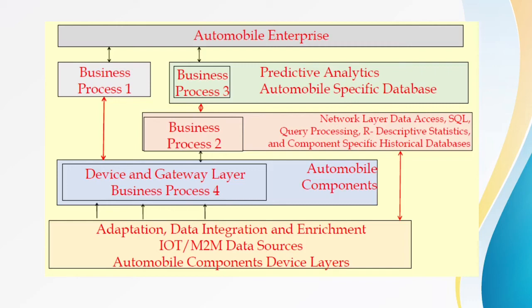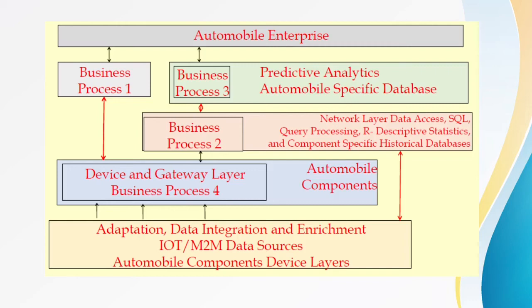It has analytics that interacts with the other automobiles' databases and the historical database. So it is also going to do predictive and prescriptive analysis. Business process 2 interrelates directly with the device and gateway protocol, updating the databases for BP2.